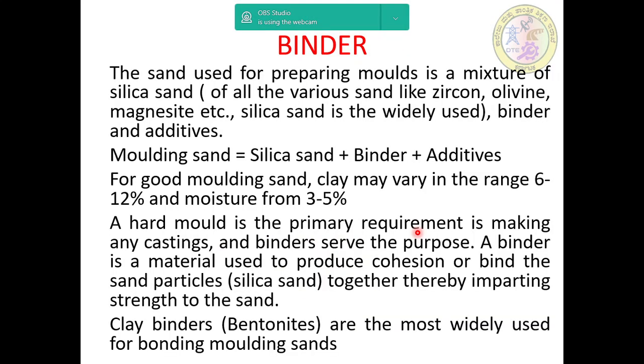We will go for binders. The sand used for preparing molds is a mixture of silica sand and various other sands like zircon, olivine, etc. Silica sand is the widely used base sand.